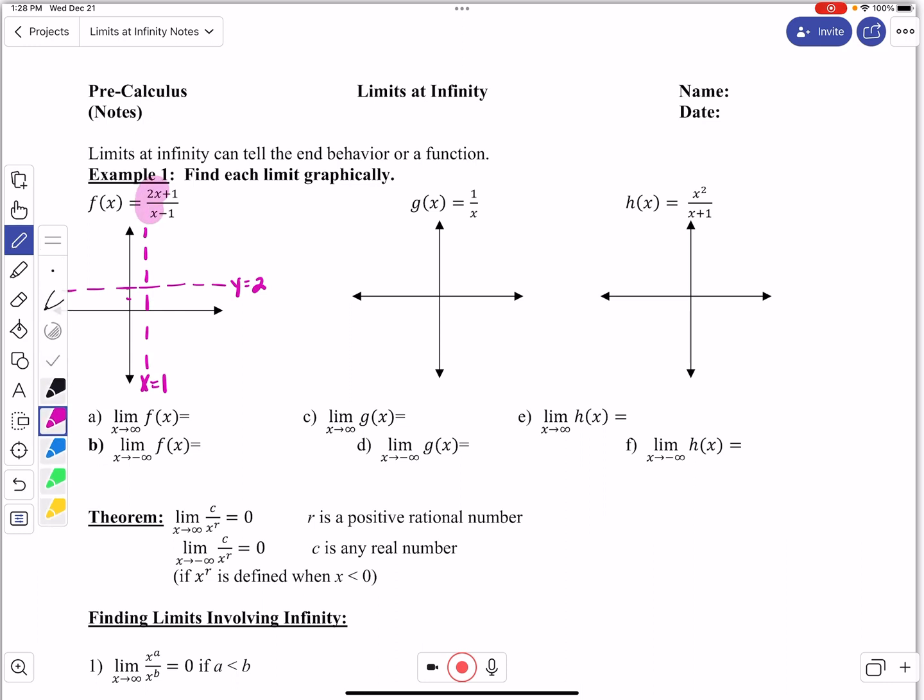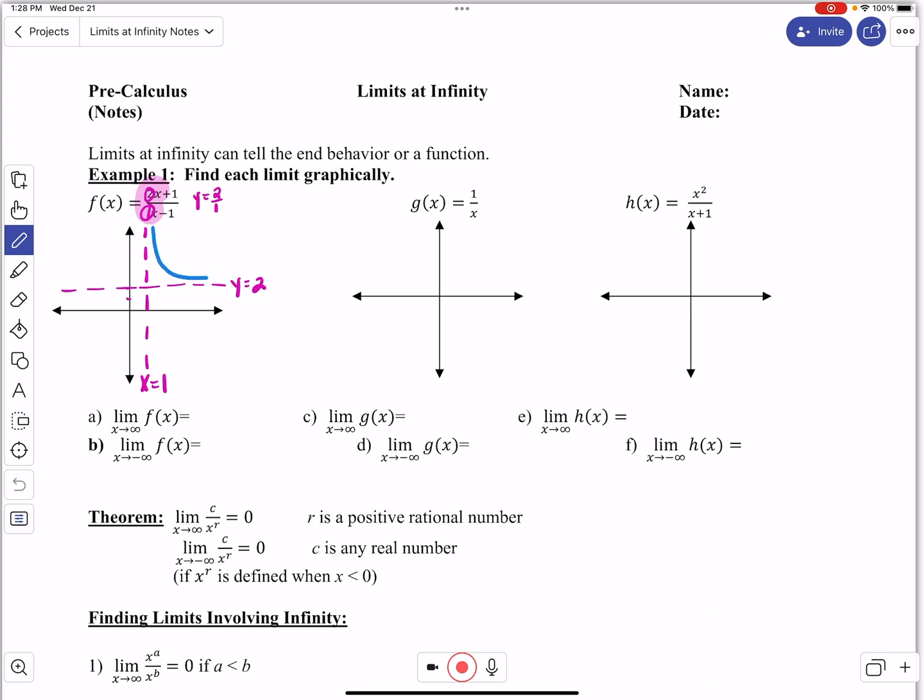And if you look at the leading coefficients, we have a 2 and there's a 1 here. So our asymptote would be 2 over 1. And so that's where the 2 comes from. But like I said, you could also plug these in on Desmos. That's just a quick review from Math 3.